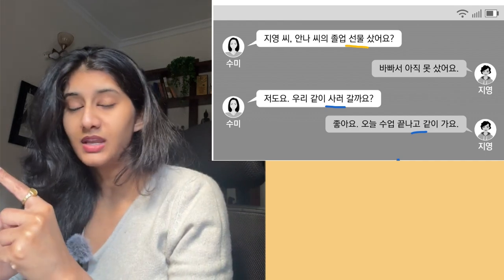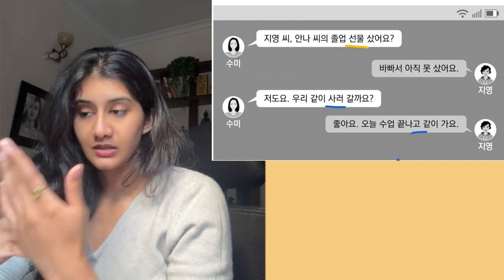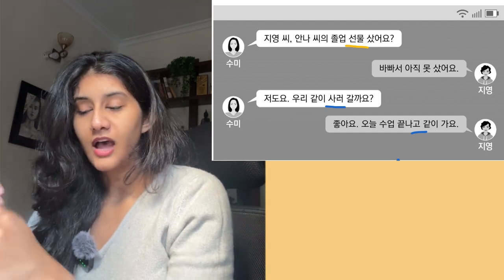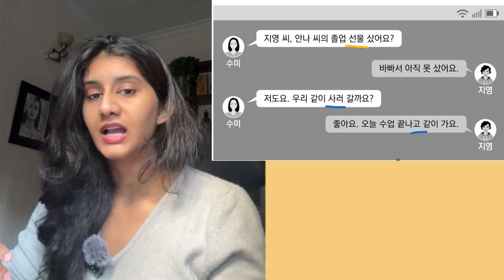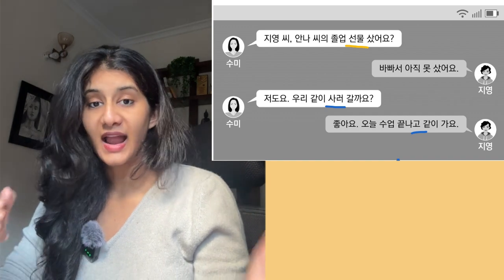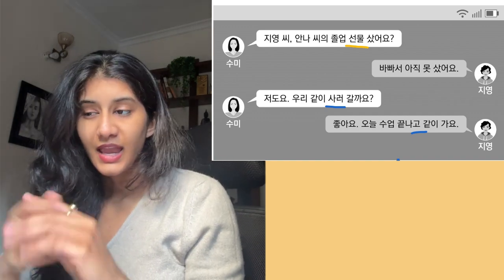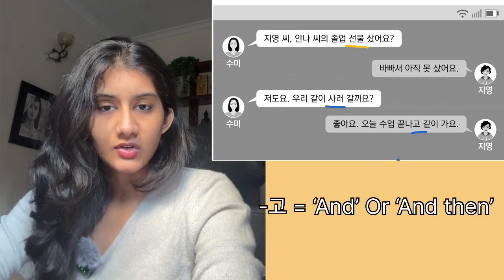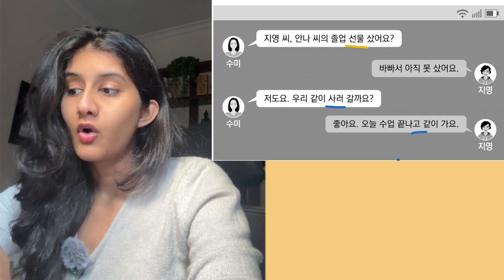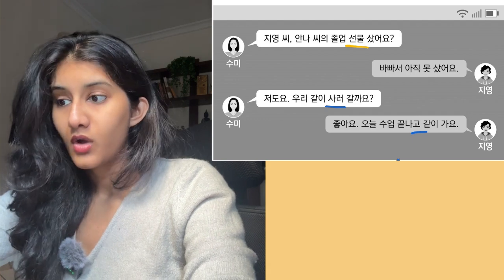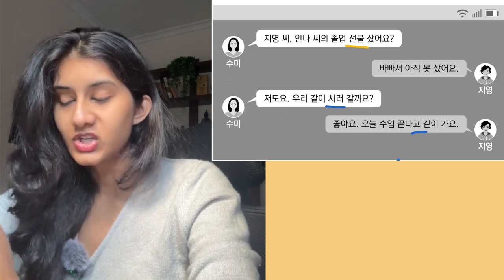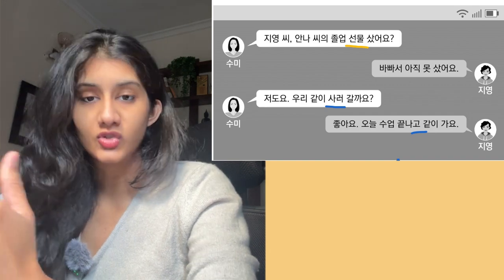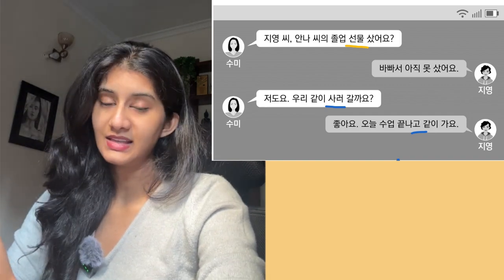The first action being after the class ends, that is the verb 끝나다, and after that the following action is 같이 가요, which means going together. So it's adding the two sentences. In English it acts like and then. So if I were to literally translate the sentence, it goes like 오늘 수업 끝나고 같이 가요. In English, it translates to after today's class ends, we will go together. So it acts as and then.